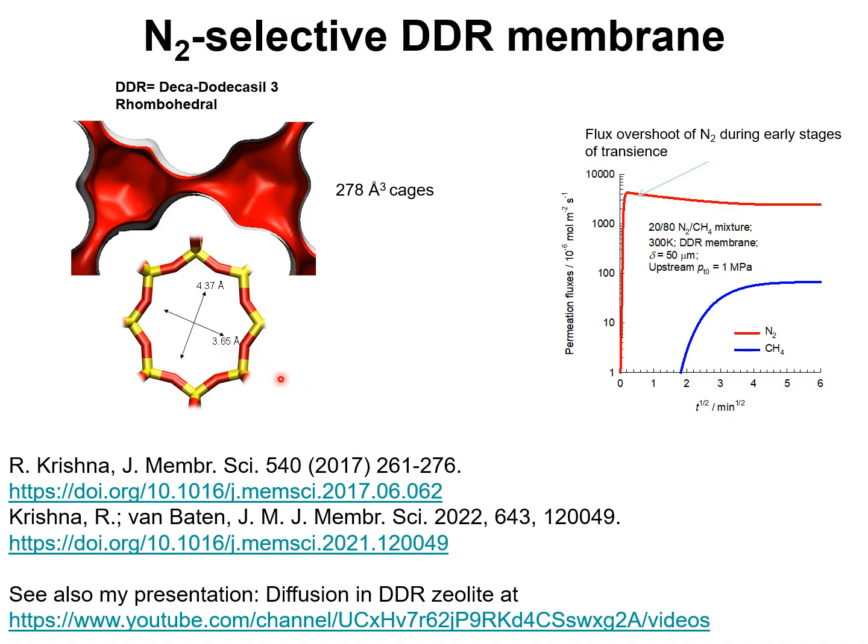Nitrogen, being a pencil-like molecule, can diffuse from one cage to the adjacent cage through the windows because the hopping occurs lengthwise across the windows. This is demonstrated in the animations in my presentation on diffusion and DDR zeolite.